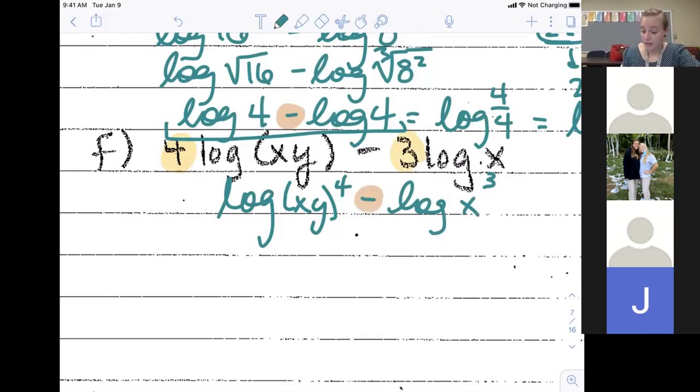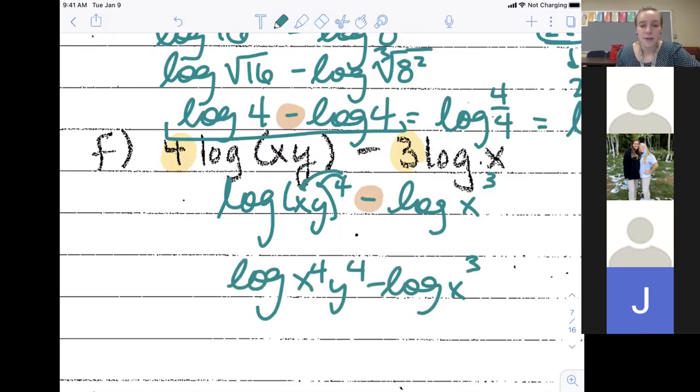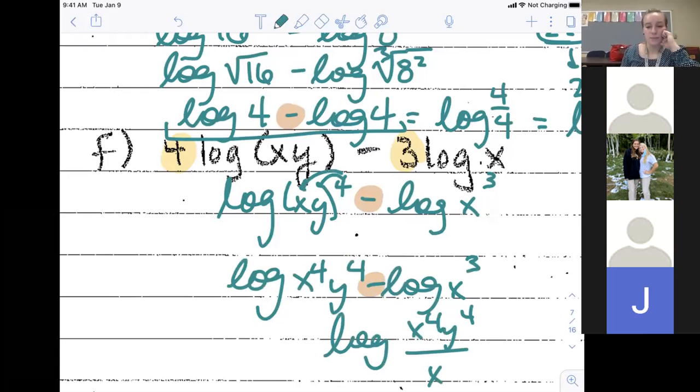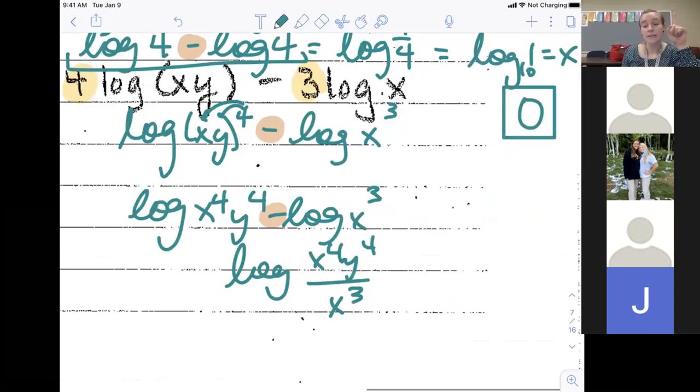The one step I want to do first is going to make it easier at the end. Before I divide, let's distribute this 4th inside. So that becomes log of x to the 4th, y to the 4th, minus log of x to the 3rd. You might have said, Miss White, I already did that on the first step. Awesome, good for you. Sometimes I mess that up, so I'm showing that in 2 steps. If you do it in 1, also great. Now I'm going to deal with my minus, which makes it a divide. So I'm going to do log of x to the 4th, y to the 4th, over x to the 3rd. Oh, and I can simplify here because I have x's on top and x's on bottom.